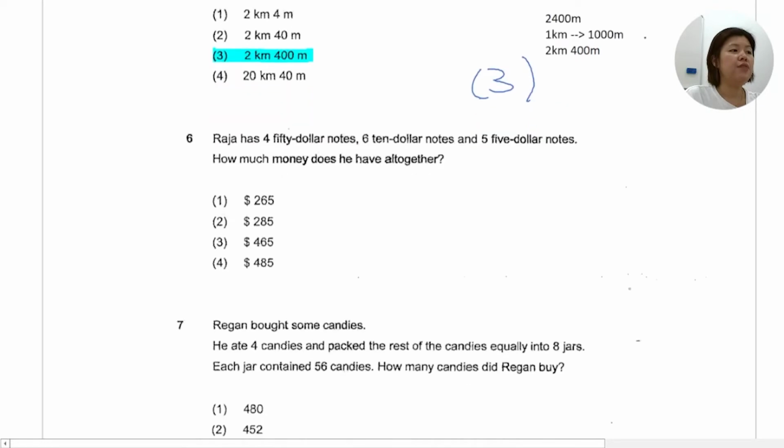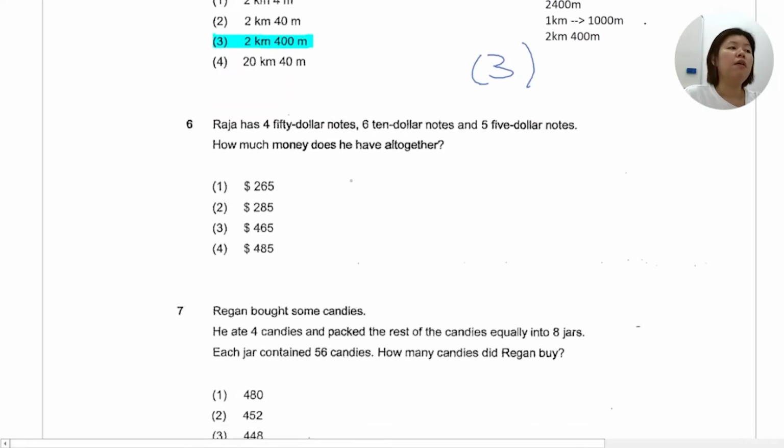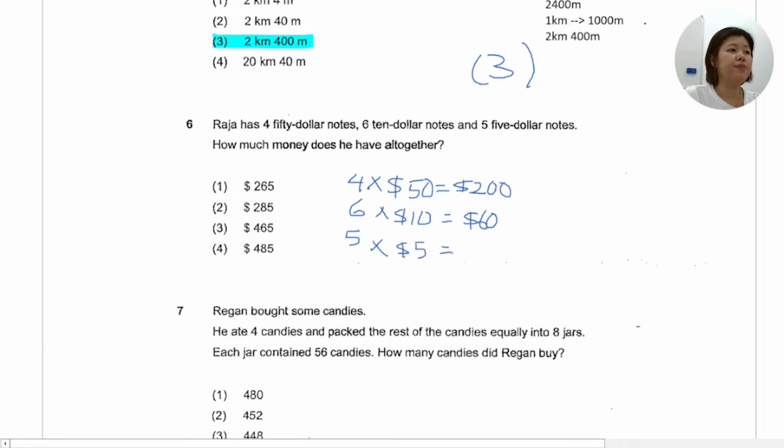Next, Raja has $450. So it's 4 times $50, which is equal to $200. And she has 6 $10 notes, so 6 times $10 equals $60. And 5 $5 notes, so 5 times $5 is $25.